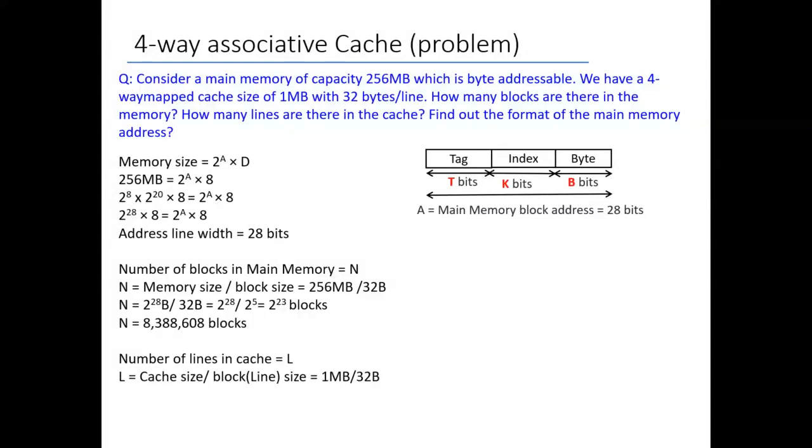The cache size is 1 MB and the block size in this example is 32 byte. So L is 32,768 cache lines. Please remember, this is the total number of lines in a cache.